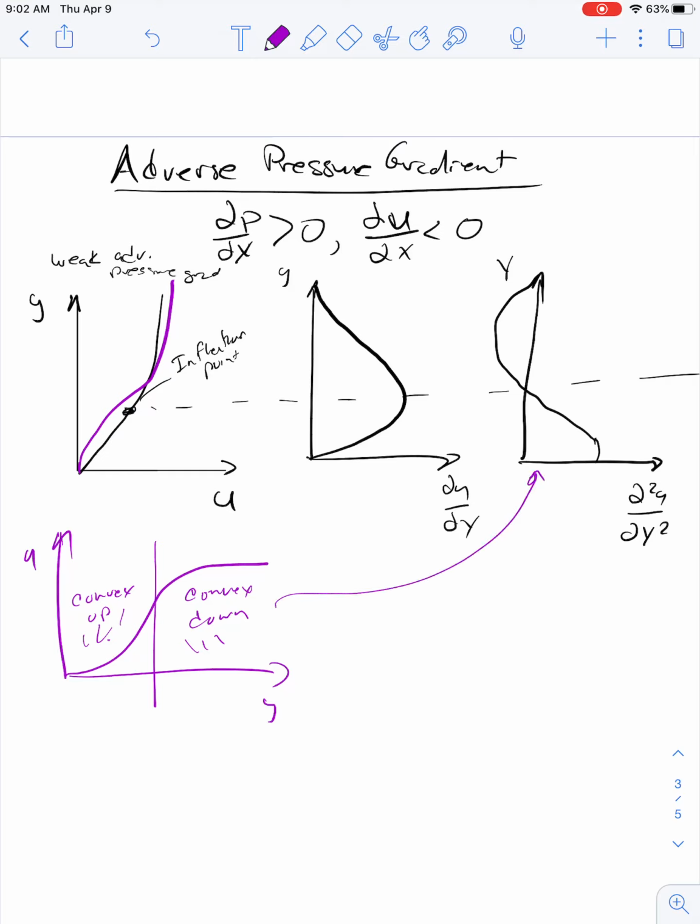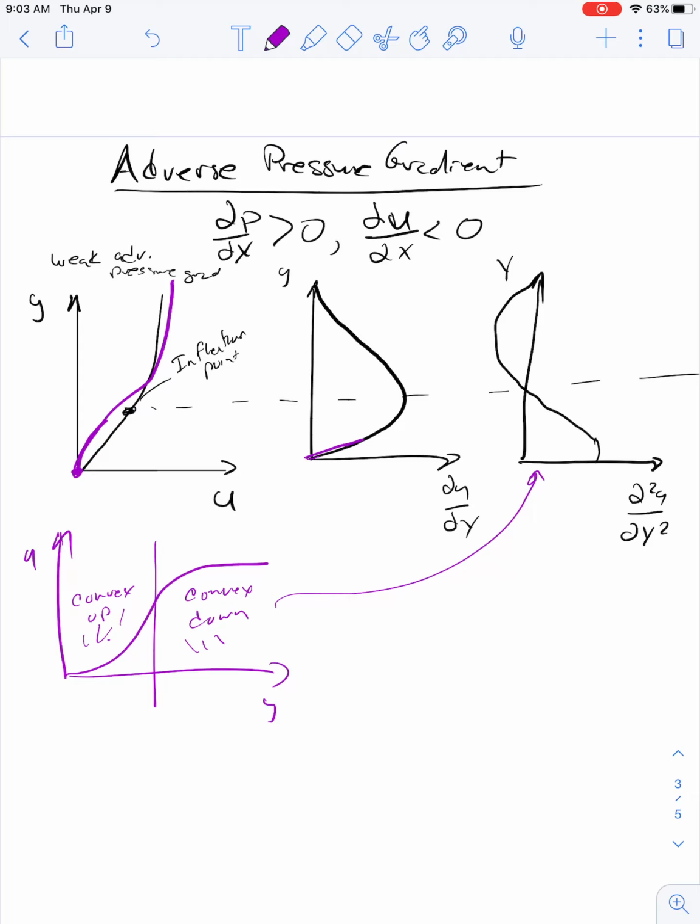That's what we're seeing over here. What happens is that we have a first derivative here that goes to 0 in this case.